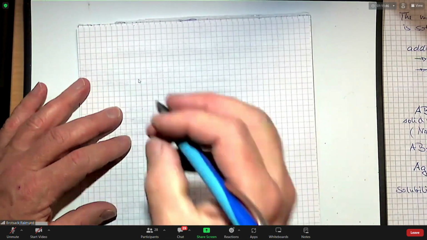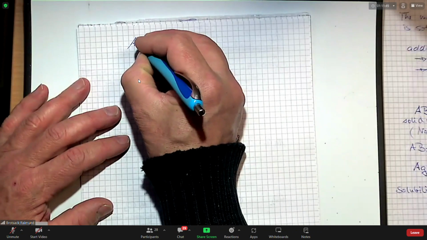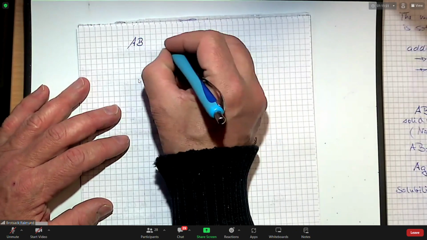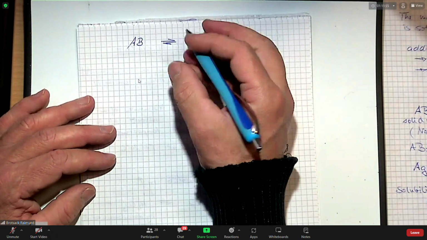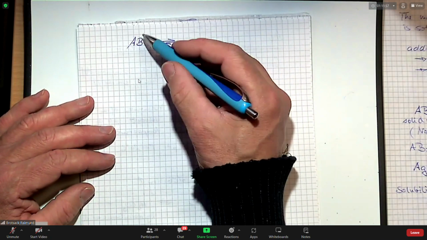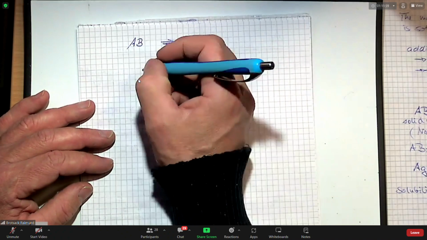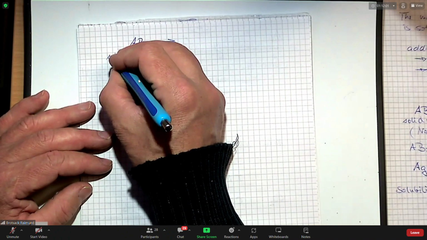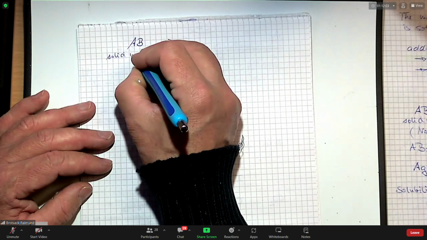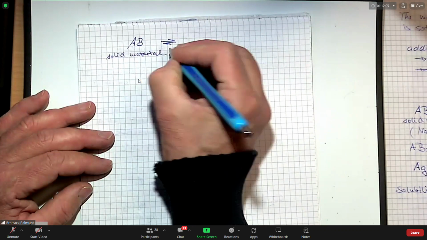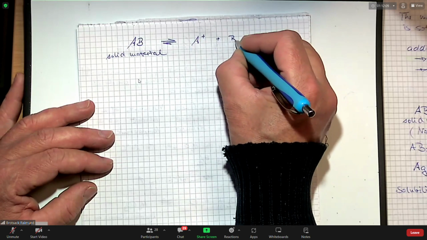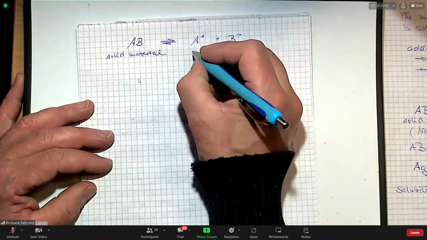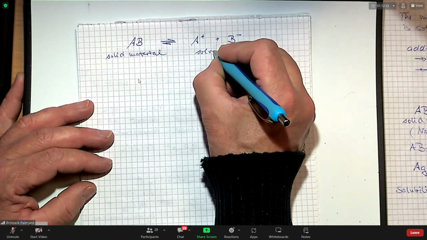So, well, let's talk about a component AB, which can be dissolved. This is a salt, solid salt, solid material. And it forms A+ ions and B- ions. So the dissolved ions.